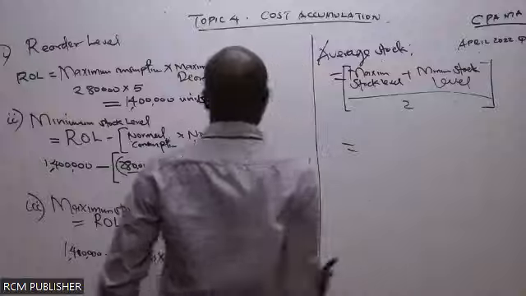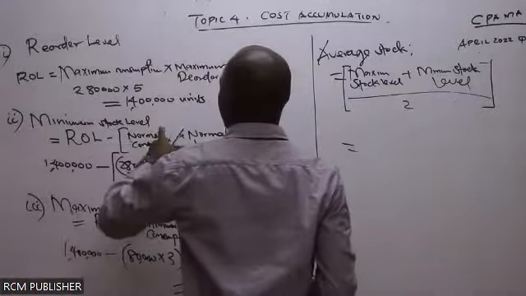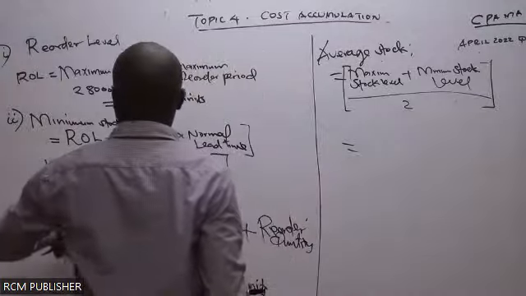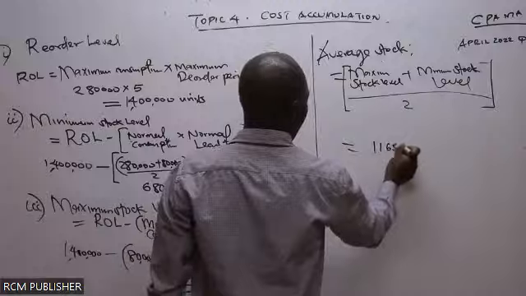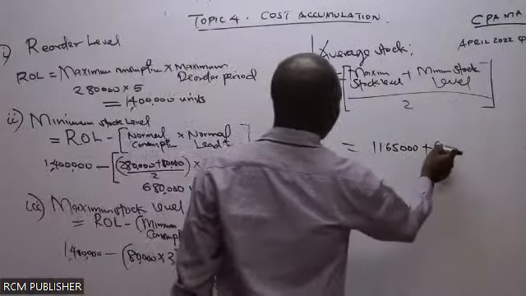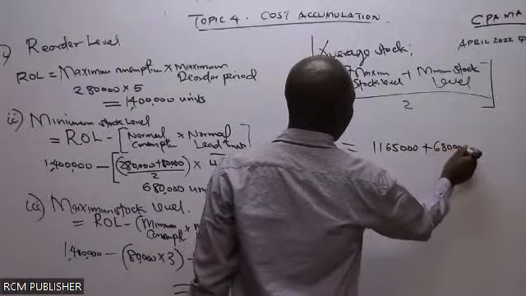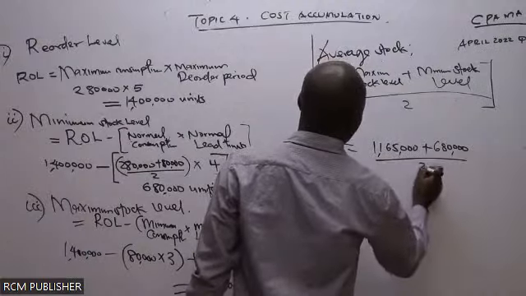Do we have that? Maximum stock level, we have maximum here, 1,165,000. We add to minimum. Then we divide by 2.